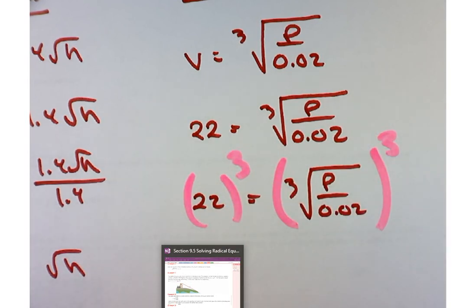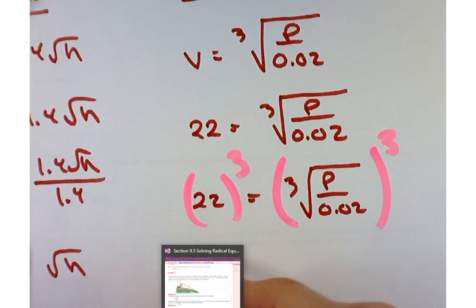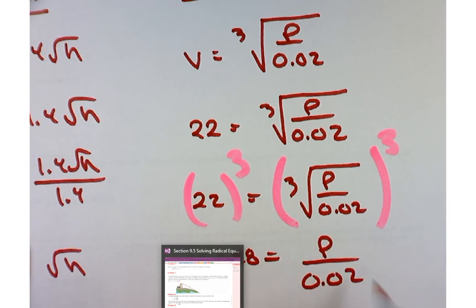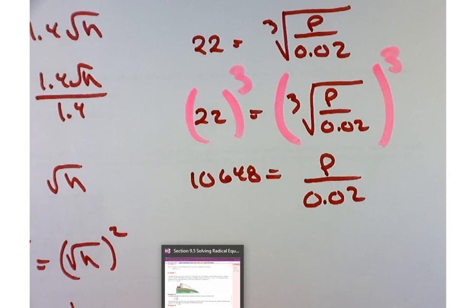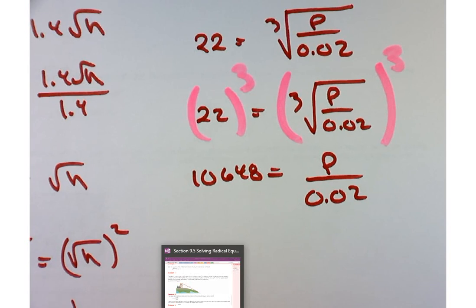Okay. I have no idea what 22 cubed is. 10,648 equals P divided by 0.02. Not quite done, but getting closer.